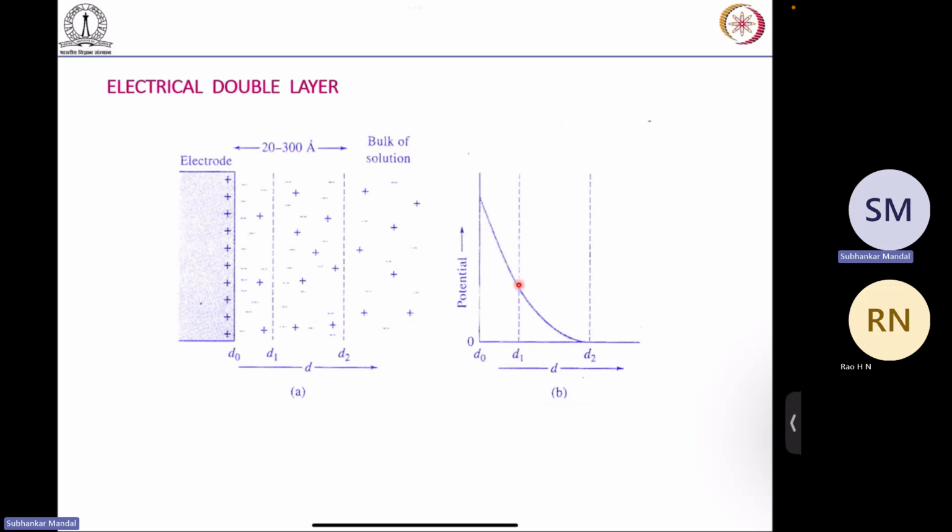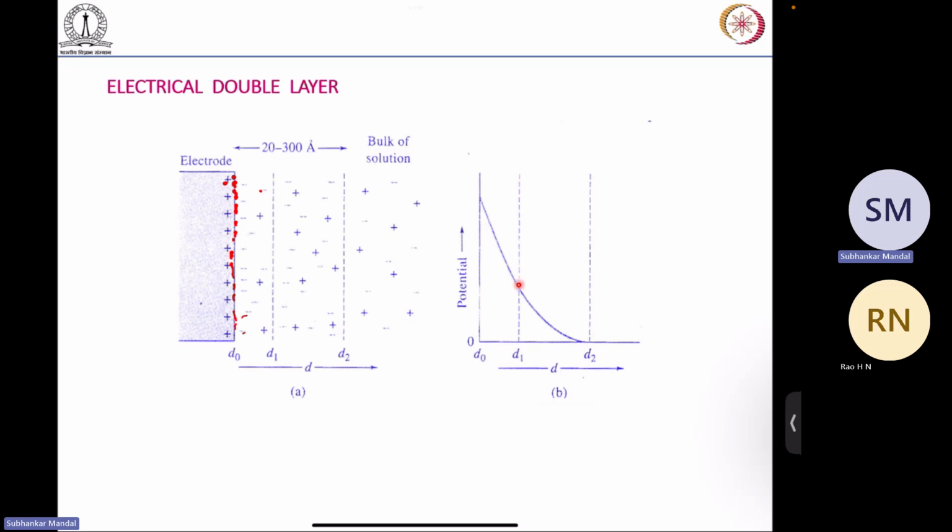Electrical double layer: basically, suppose we have one electrode which is positively charged. As you know, positive charge is there, then whatever negative charge is there in the electrolyte will come closer to the electrode surface, and it forms two opposite charges separated by the electrode surface.